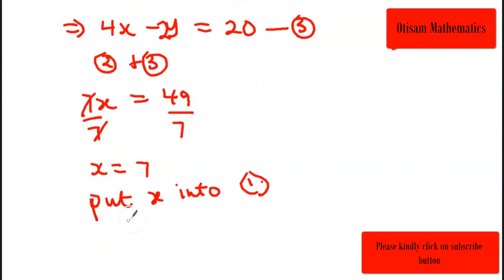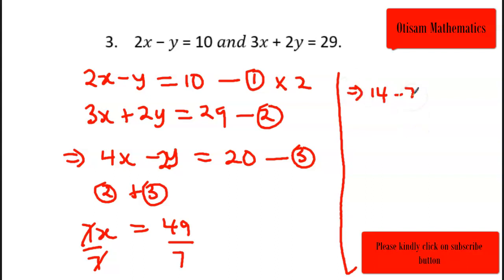So you have 2x, but x is 7, minus 2y is equal to 10. So 14 minus 2y is equal to 10.